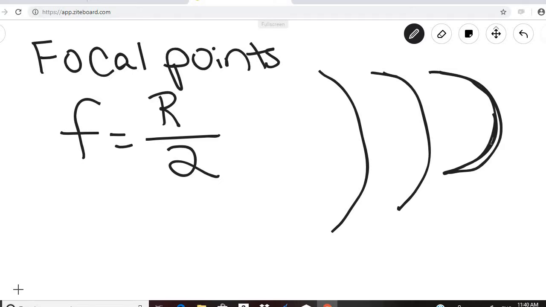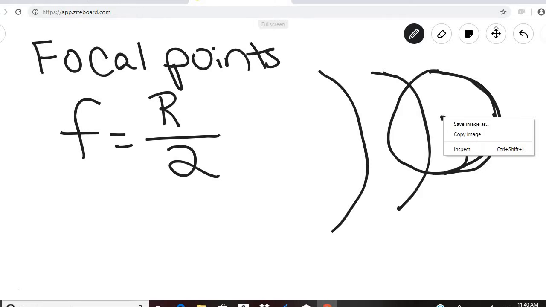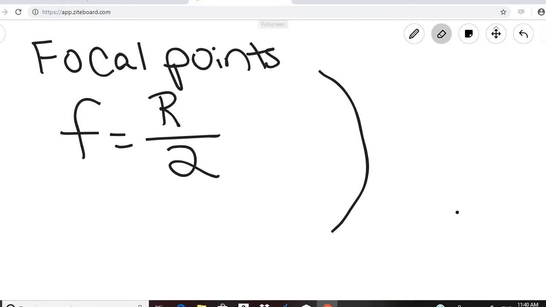Okay, so the focal point is half of the radius of curvature. One thing to keep in mind is that this spherical mirror is a sphere, so if we give the radius of curvature, then the focal point would be half of that distance. So we are using spherical mirrors.